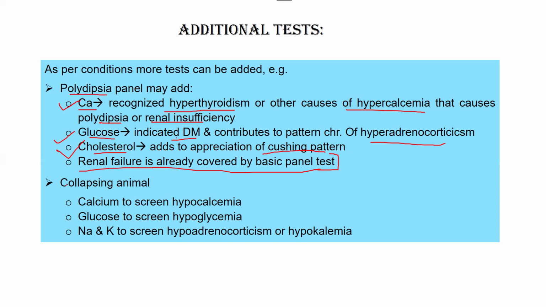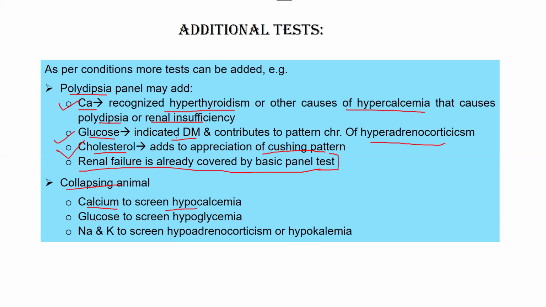Similarly, if you have a collapsing animal, along with the basic panel test, you can go for calcium to screen for hypocalcemia, because if an animal is hypocalcemic, the animal will start to collapse. क्योंकि उसके बाद कैल्शियम इज बेसिकली नेसेसरी फॉर लाइक मसल कॉन्ट्रैक्शन, तो उसके मसल्स जो हैं वो कॉन्ट्रैक्ट सही नहीं करेंगे. सो यू हैव टू चेक द कैल्शियम लेवल.